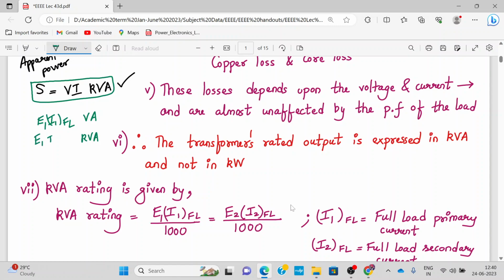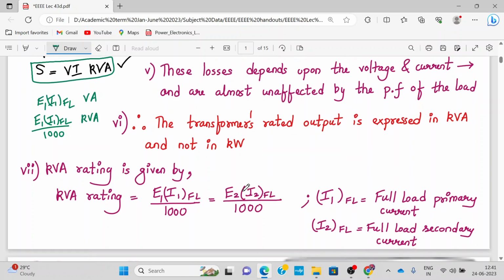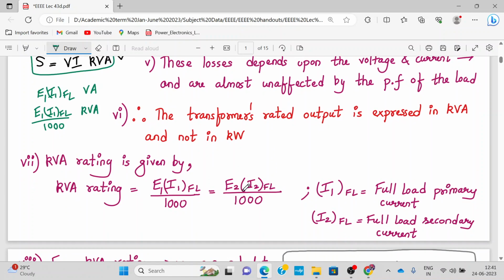So that's why E1 I1 full load is divided by 1000. The second expression is the same as the first. So the kVA rating is equal to E1 I1 at full load divided by 1000, equal to E2 I2 at full load divided by 1000, where I1 full load is the full load primary current and I2 full load is the full load secondary current.